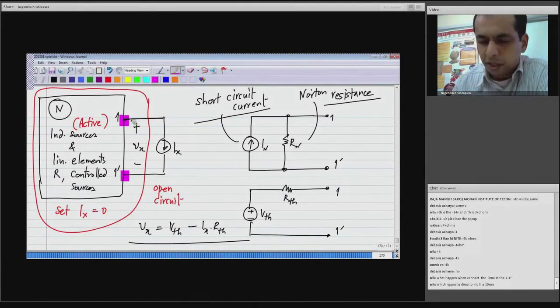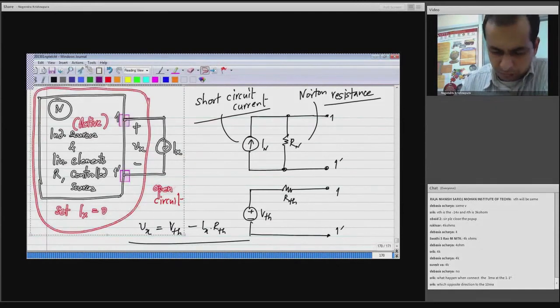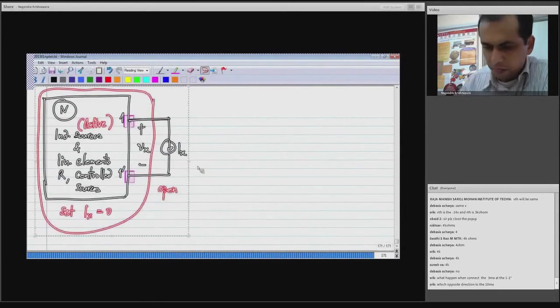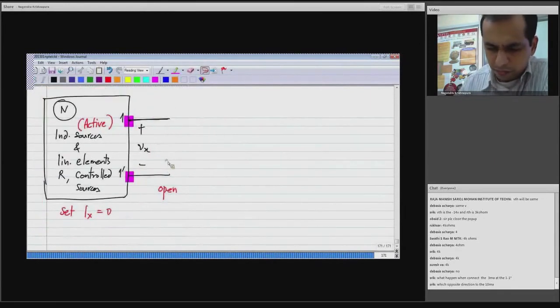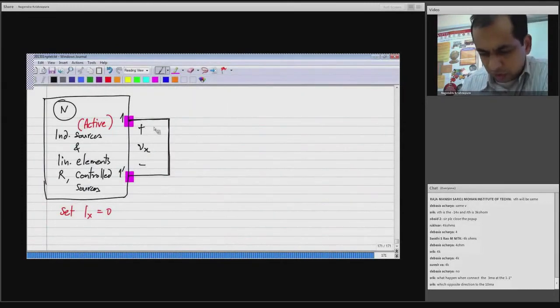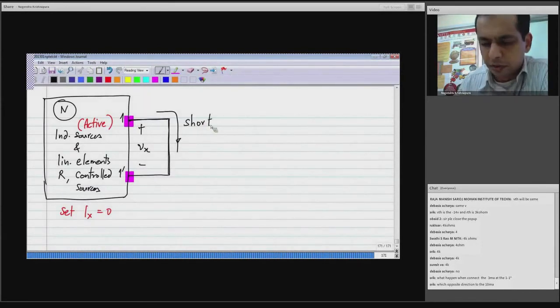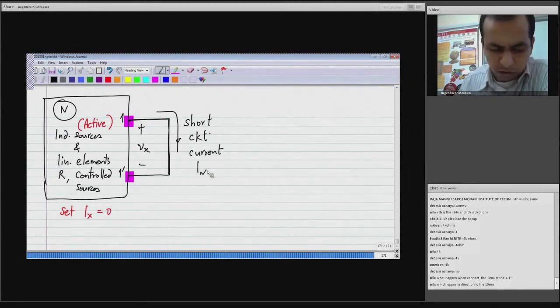The short circuit current is, you take these terminals 1, 1 prime, short circuit it and measure the current. So you short circuit this one and measure the current flowing from 1 to 1 prime, that is the short circuit current IN.